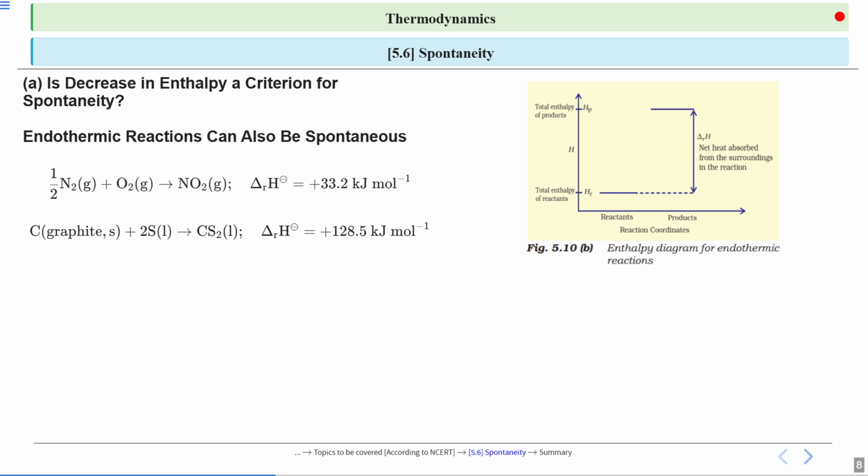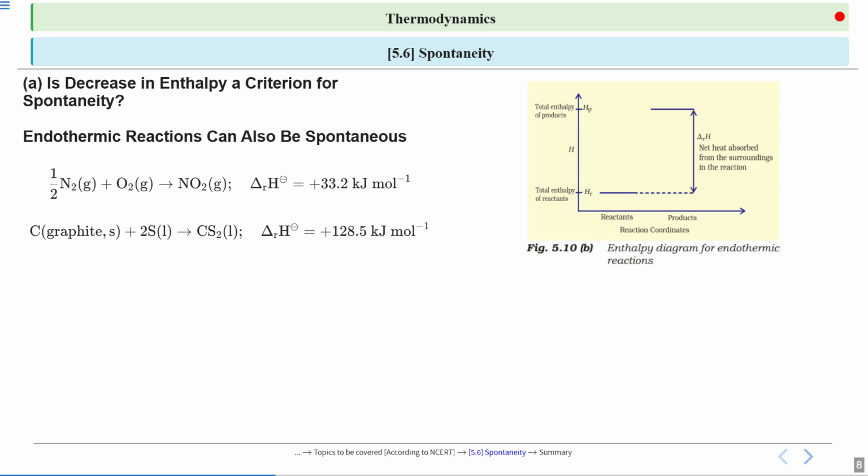But the problem is that although these reactions are endothermic, as you can see from the positive value of enthalpy change, they are spontaneous, right? So our vision, which was to prove the spontaneity on the basis of enthalpy, is totally shattered. Why is it shattered?